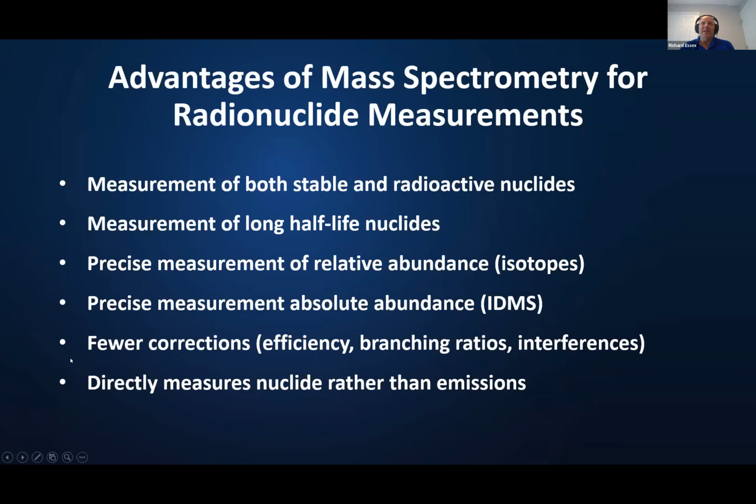And just real quickly, and I think Mike Winchester talked about this, precise measurements of absolute amounts is another capacity, but that requires something that we'll probably get into more. For isotope dilution, you have to have calibrated materials.